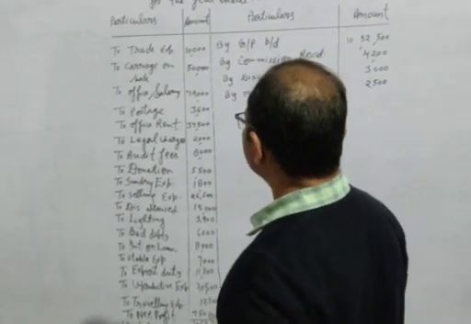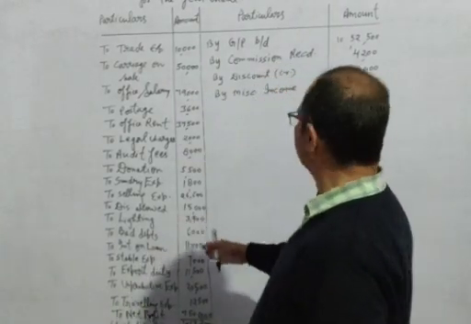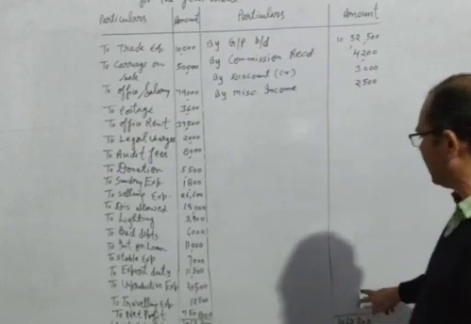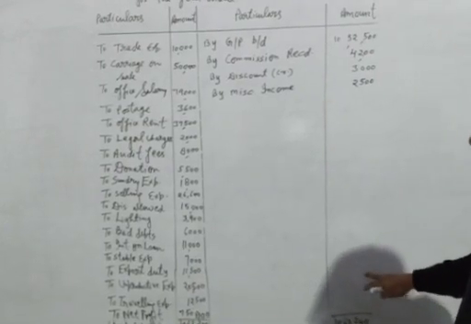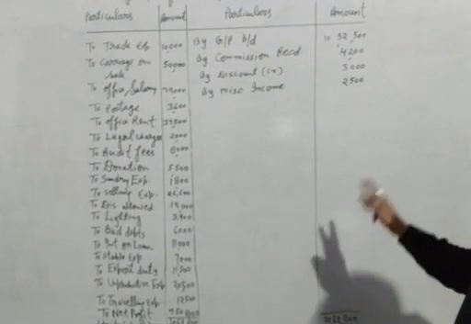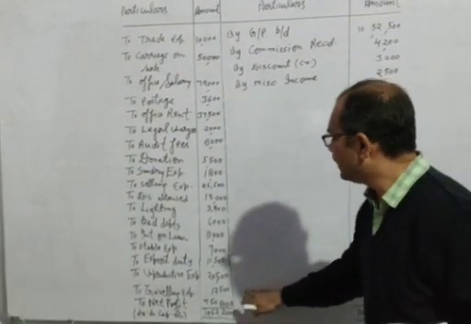On the other hand, if the debit side's total is bigger than the credit side, at that time the difference amount will be written here in the credit side, and that difference amount will be called net loss.